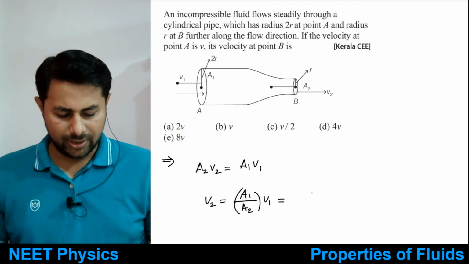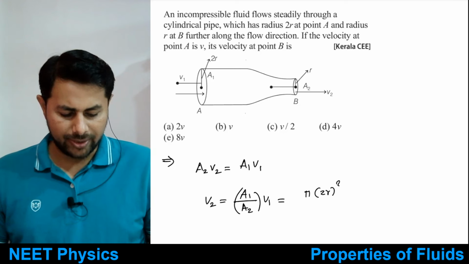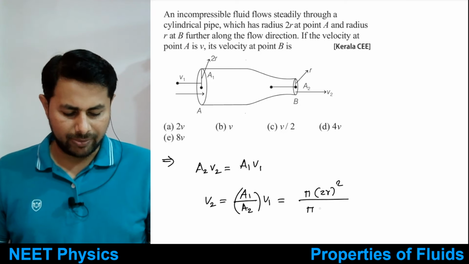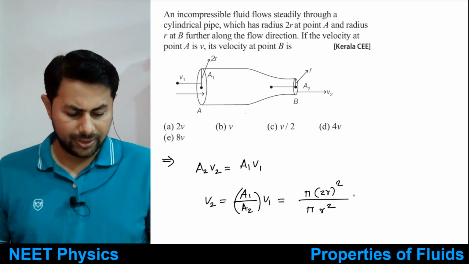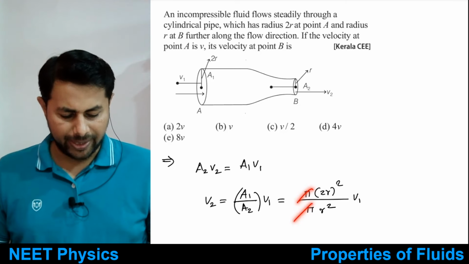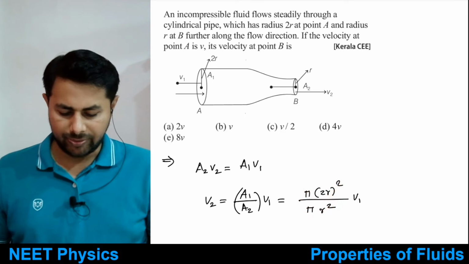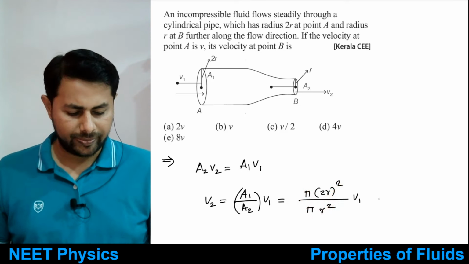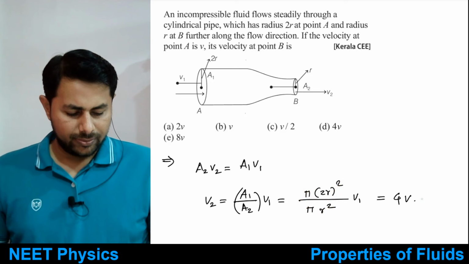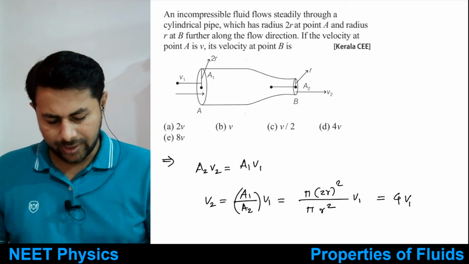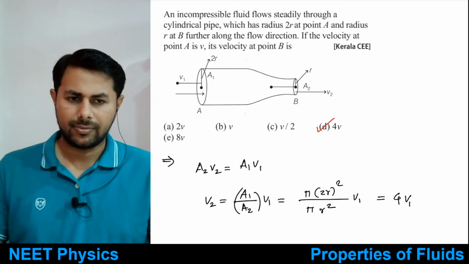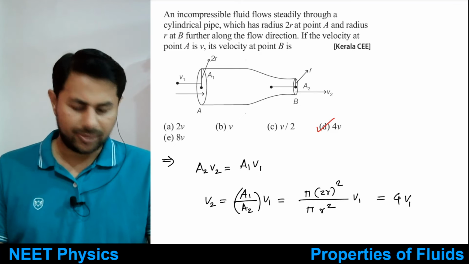So A1 is pi multiplied by (2r) square, A2 is pi multiplied by r square, times V1. Pi gets cancelled, r square will get cancelled. You have 2 square times V1, means 4 times V1. So that's the answer, 4V. It's option D, right? Yes, very simple.